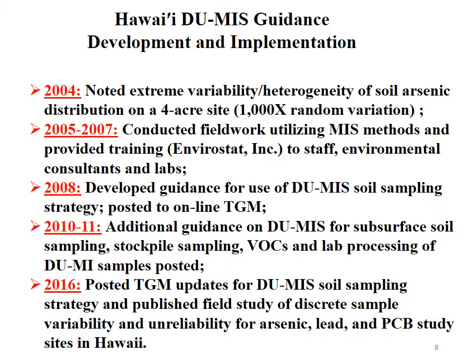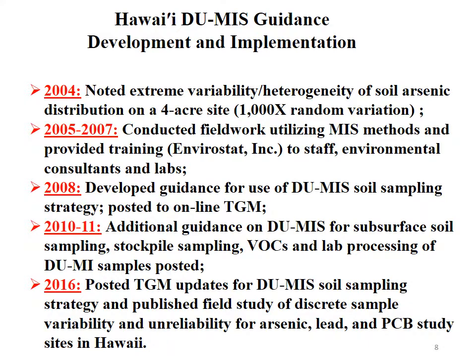Here are key time periods over the last dozen years, really, in which we developed our decision unit multi-increment sampling guidance. As I noted, in 2004 is when we first were perplexed with the use of discrete sampling to adequately characterize arsenic in sites on the Hawaii island.